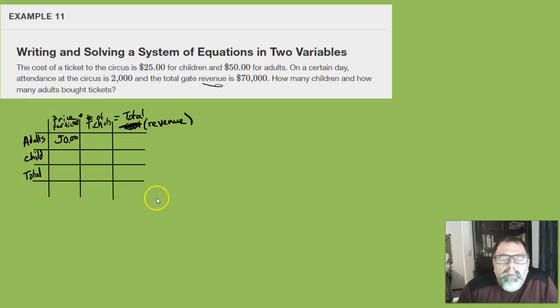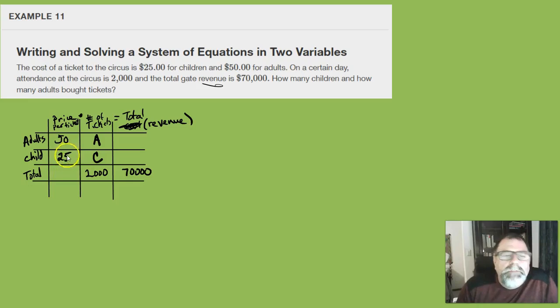And then $25 for children. And then number of tickets we don't know, so we'll call that A. Number of children, we'll call that C. And then on a certain day, we sold a total of 2,000 tickets for a total revenue of $70,000.